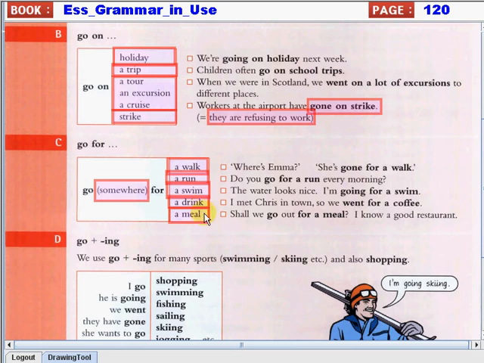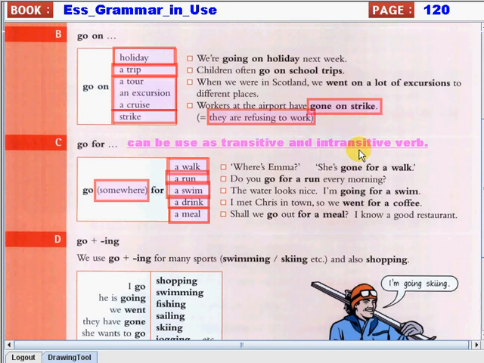So again, go for can be used as transitive and intransitive. When we say transitive, the words cannot be separated, just simply go for a walk. Intransitive can be separated, like go out for a meal or go out for a drink. Go out for a nice swim.